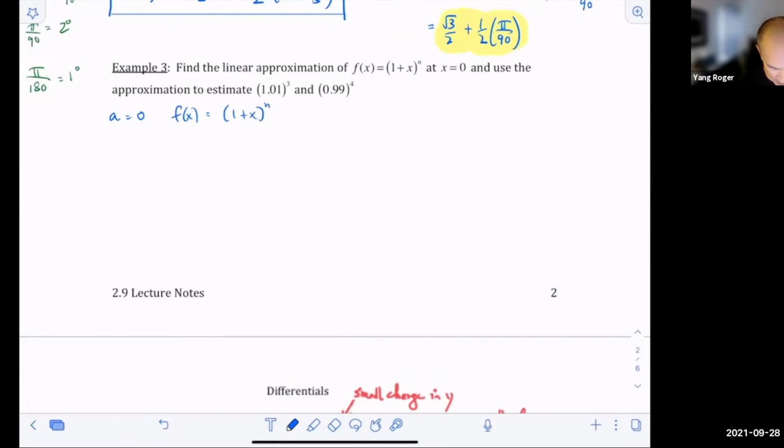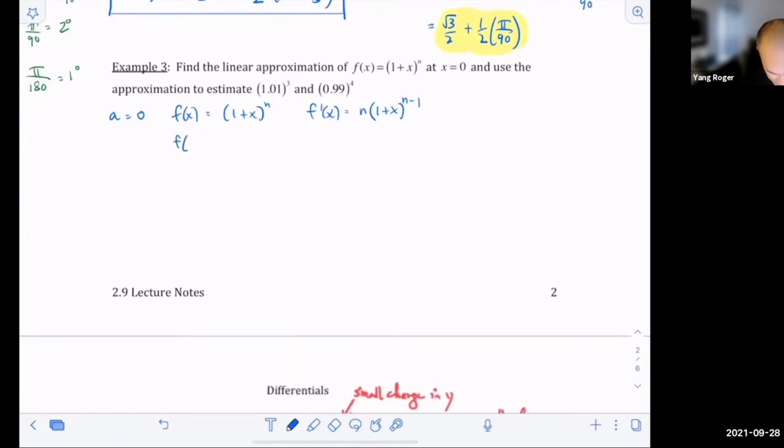I know I need to calculate the derivative. F prime of x is going to be n times 1 plus x to the n minus 1. When I put my a value in, what's going to happen?